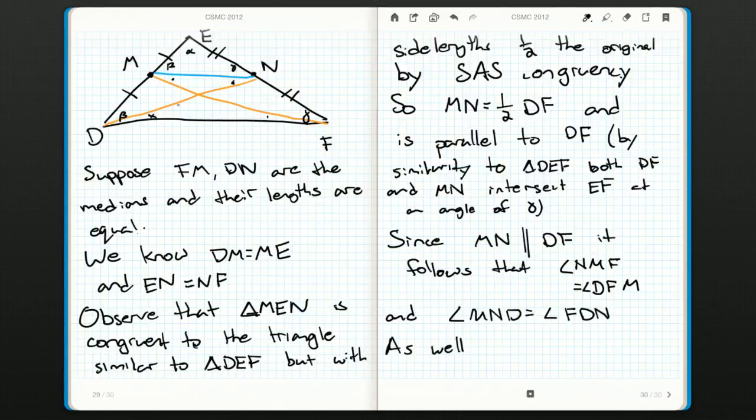But notice also we have these two lines intersecting each other, so the angles that are opposite each other are also going to be equal. Let's call this point of intersection P, P for point of intersection. So DPF will be the same as NPM.